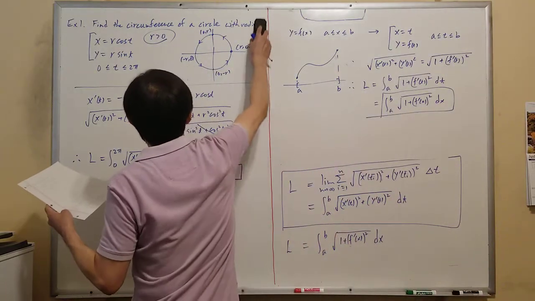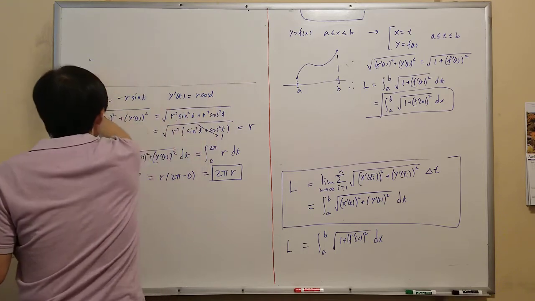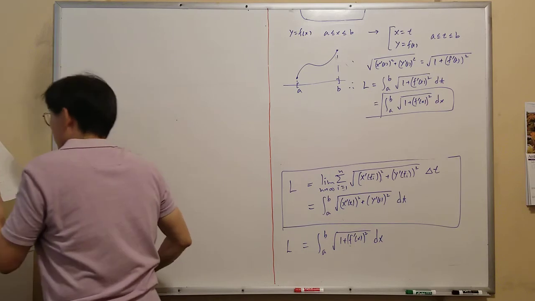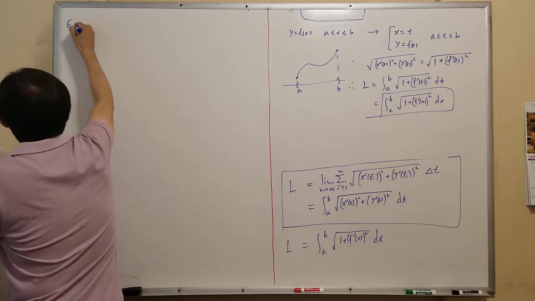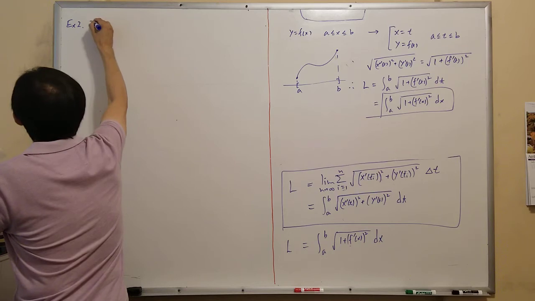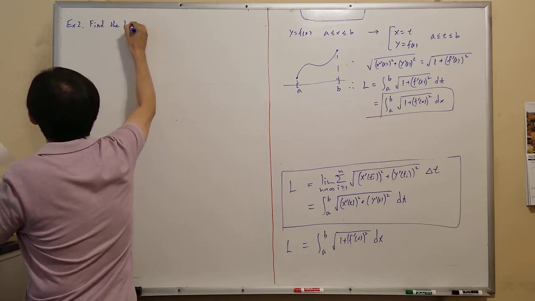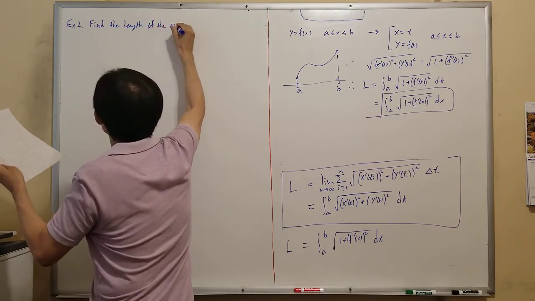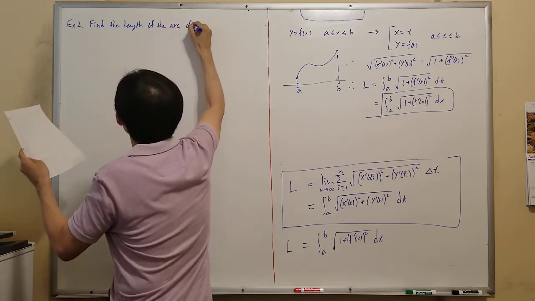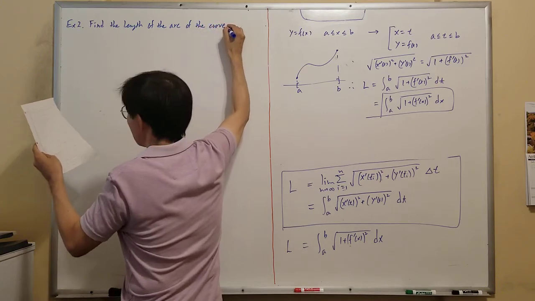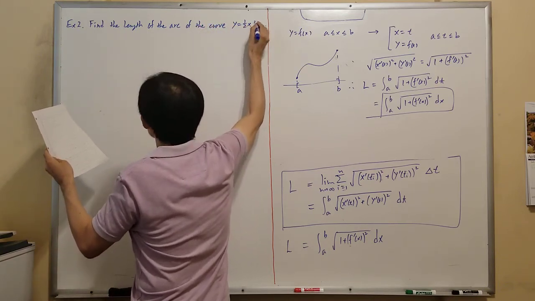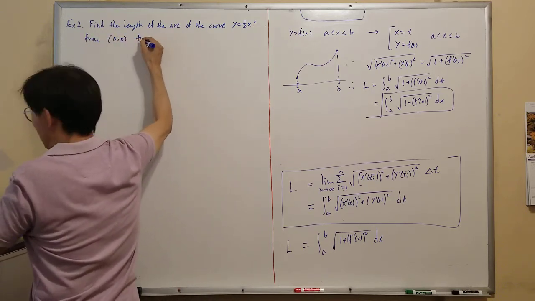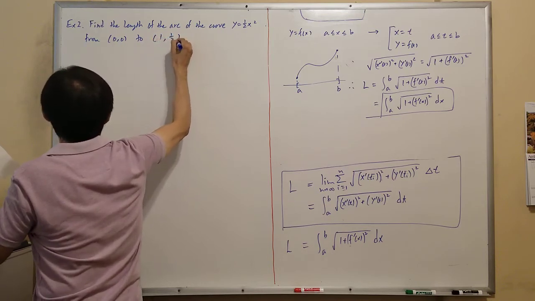Let's do another example. Example 2. Find the length of the arc of the curve y equals 1/2 of x squared from (0, 0) to (1, 1/2).